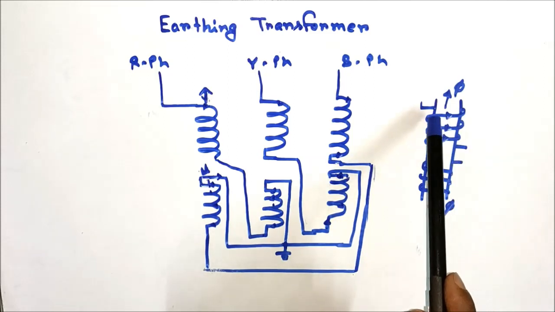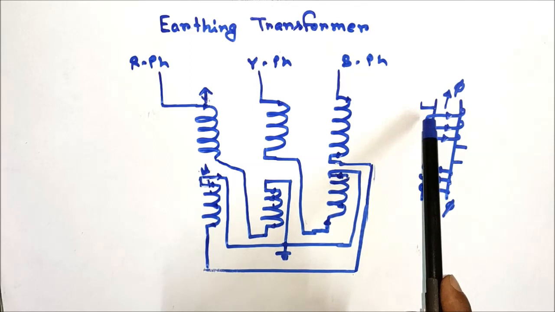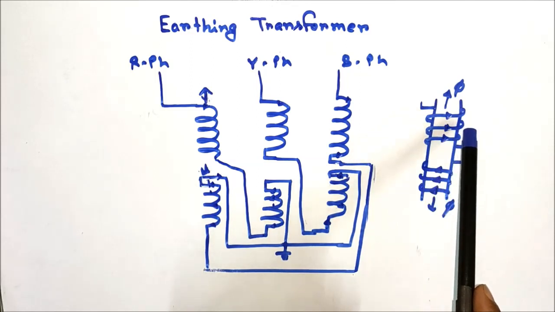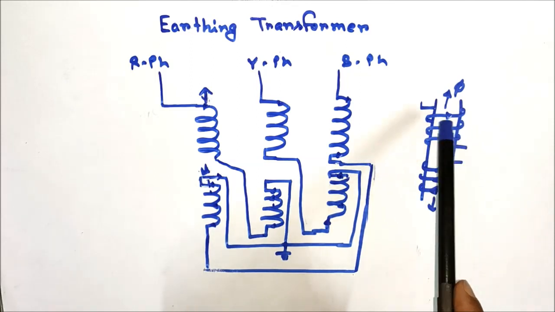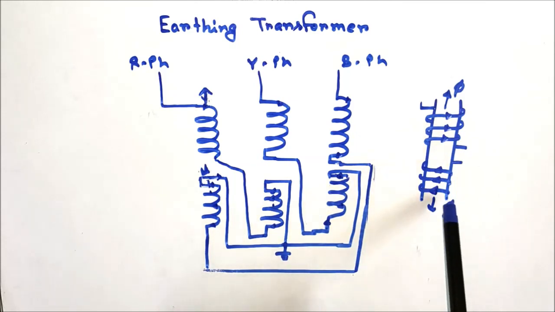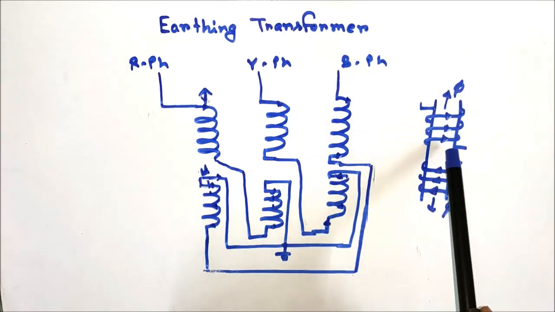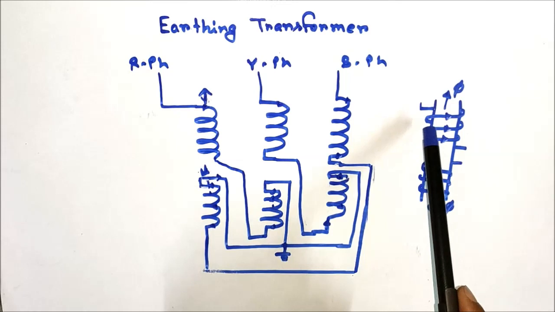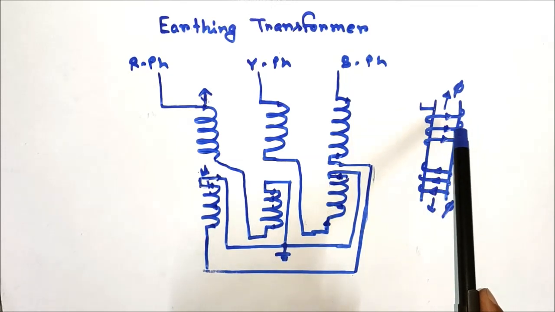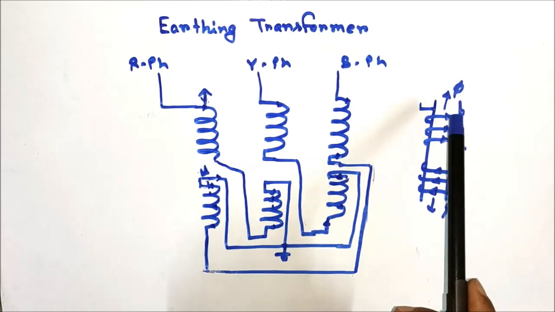In the upper portion of the winding, the current is flowing from left to right, and in the lower portion, the current is flowing from right to left. Due to the flow of current from left to right in the upper portion of the winding, the generated flux will be in the upward direction in the core.